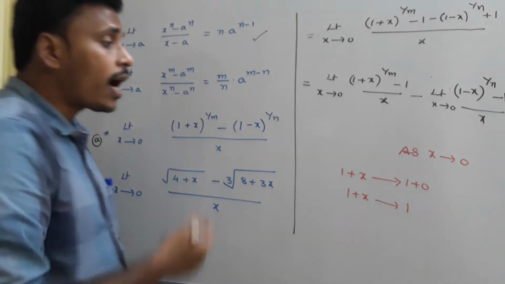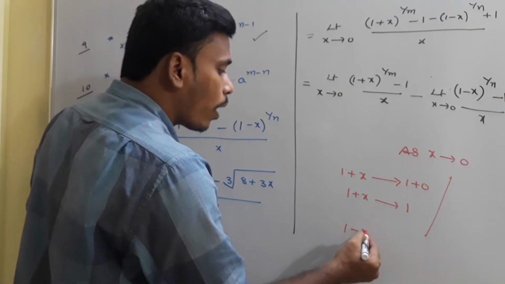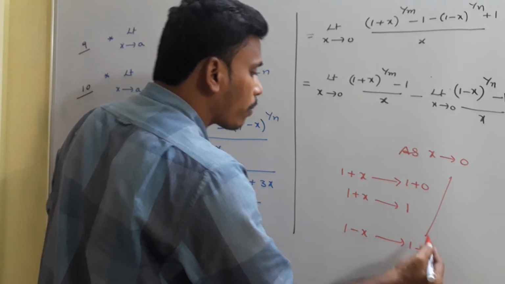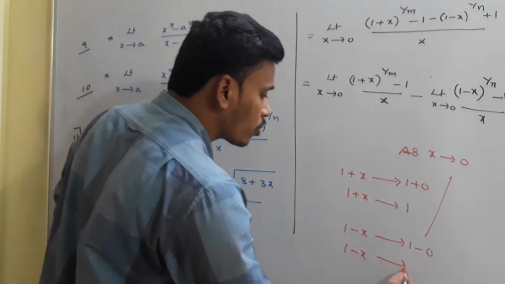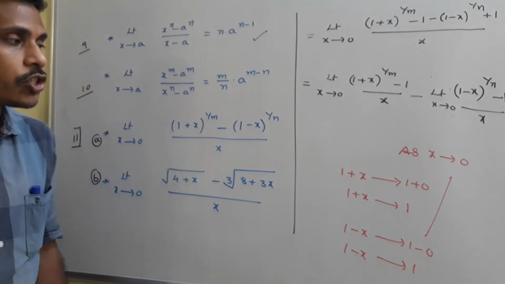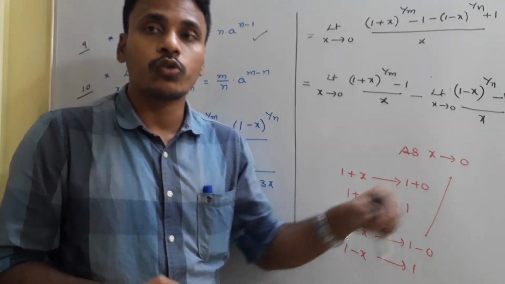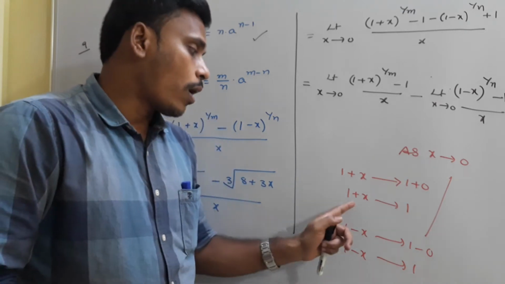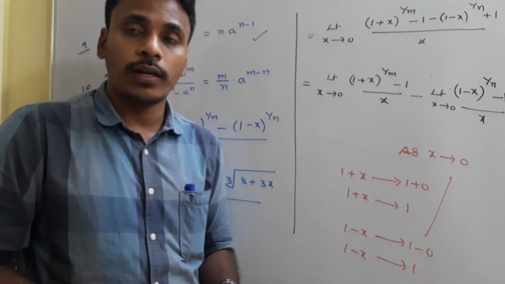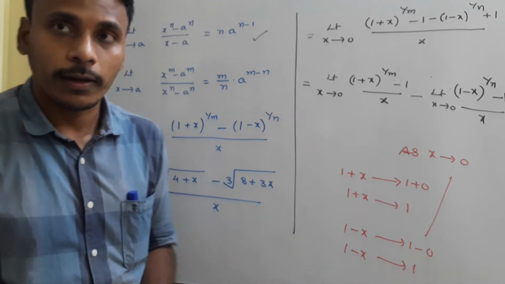In the same way, as x is tending to 0, 1 minus x also tends to 1 minus 0, that is, 1 minus x also tends to 1 only. These two things we need to accept. As x is very much nearer to 0, 1 plus x is very much nearer to 1 as well, and 1 minus x is also very much nearer to 1.